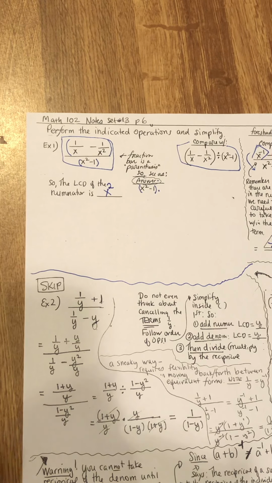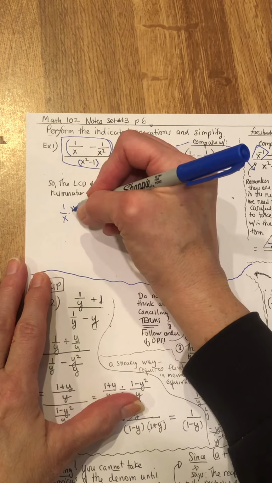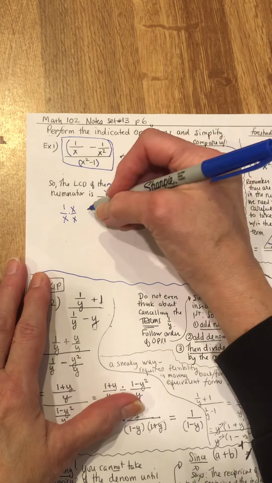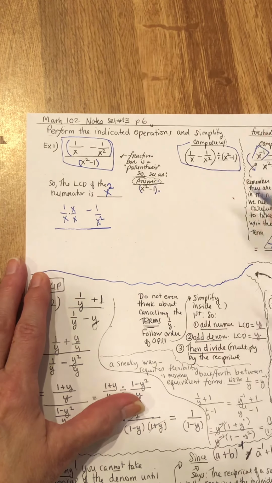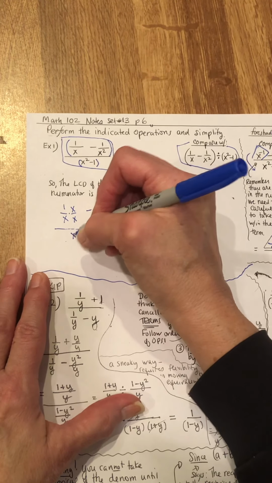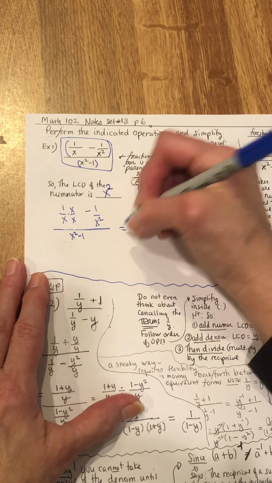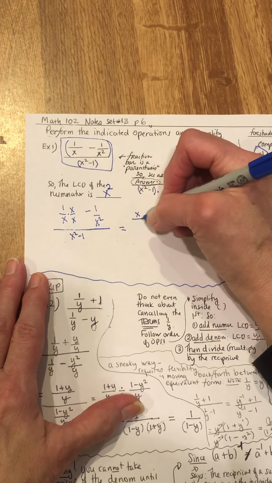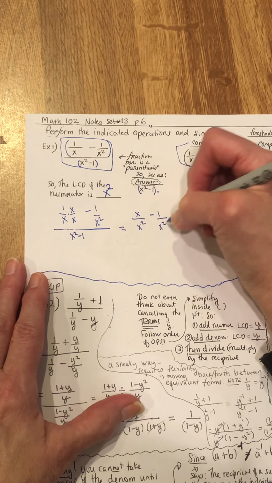So this fraction, 1 over x, I need to multiply that by x over x. This fraction in the numerator, I don't need to mess with it. Over x squared minus 1. So what I have is x over x squared minus 1 over x squared.